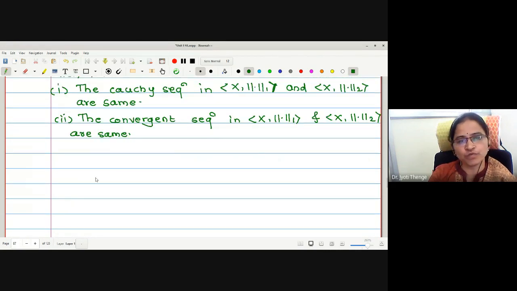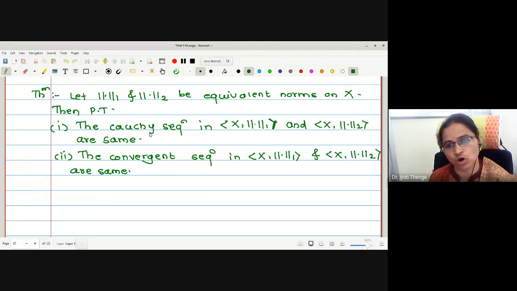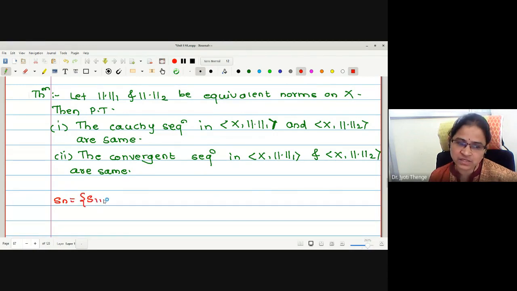Right? Let us go for proving the first result, that is, the Cauchy sequences in (X, norm 1) and (X, norm 2) are the same. Actually, why are we calling these the same? Because whenever we construct a sequence Sn with the elements, say, S1, S2 and so on up to Sn, if the sequence is Cauchy with respect to the first norm, what is the meaning?